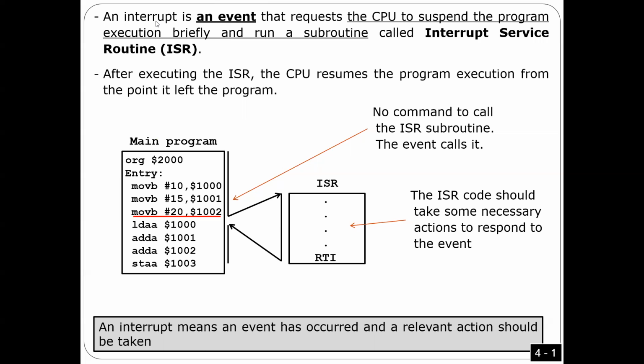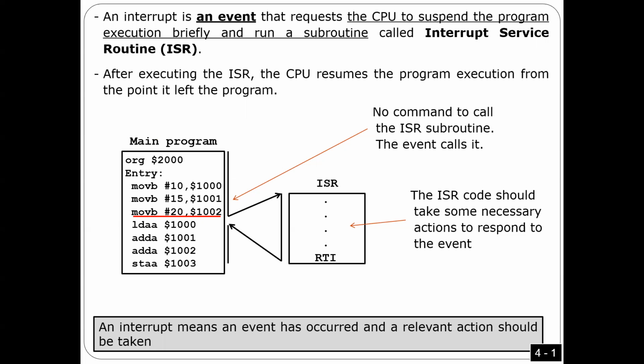Interrupt means an event. There is an event that requests the CPU to suspend the program execution briefly and run a subroutine. We call it interrupt service subroutine. Just wait, I didn't explain what I mean by event, but at least now you got some very important words here, like suspend the program.